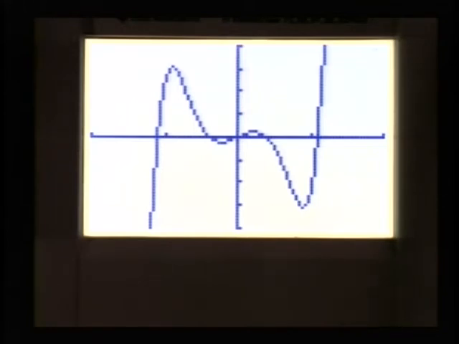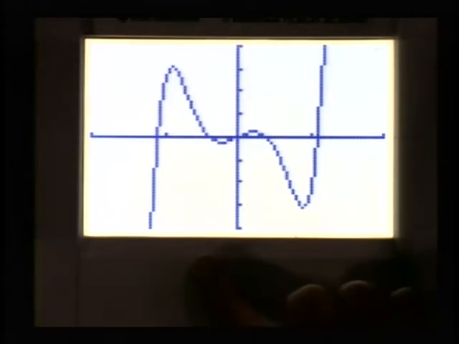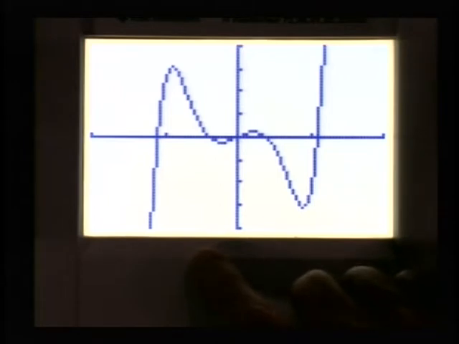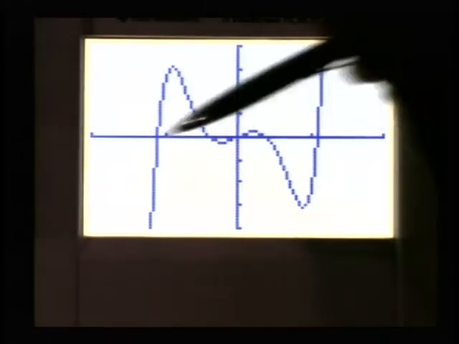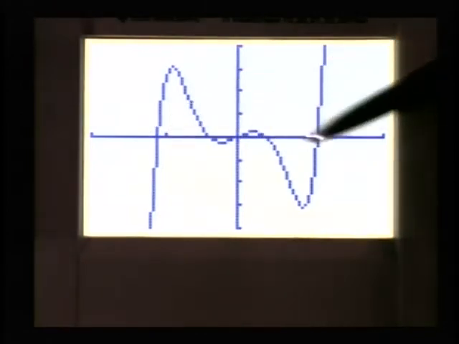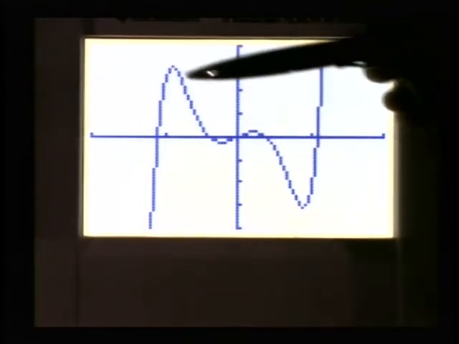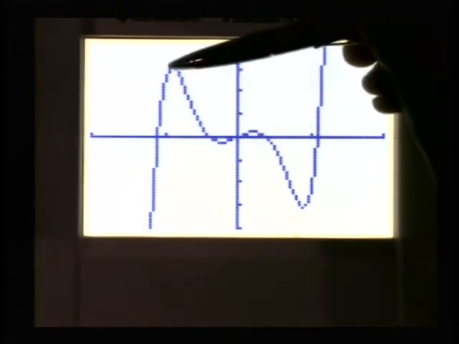Now, this exhibits all of the character of this 7th degree polynomial. What I mean by that is it shows the zeros. It shows the maximums. These are maximum points.